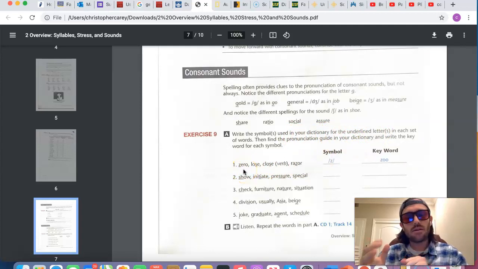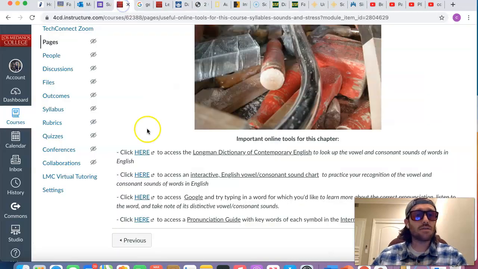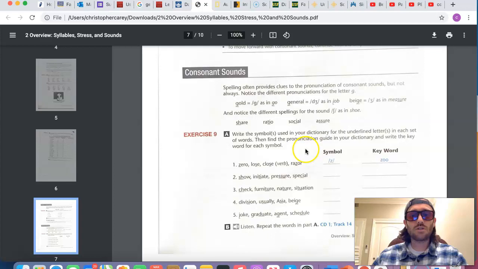And then, using your Longman dictionary, use the pronunciation guide, which you can also find under useful online tools for this course, to write the key word, the word that is typical in which that consonant sound is used.